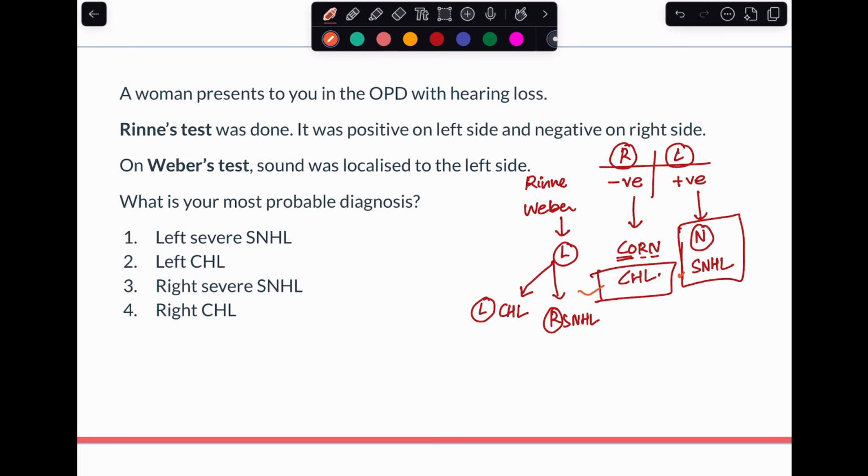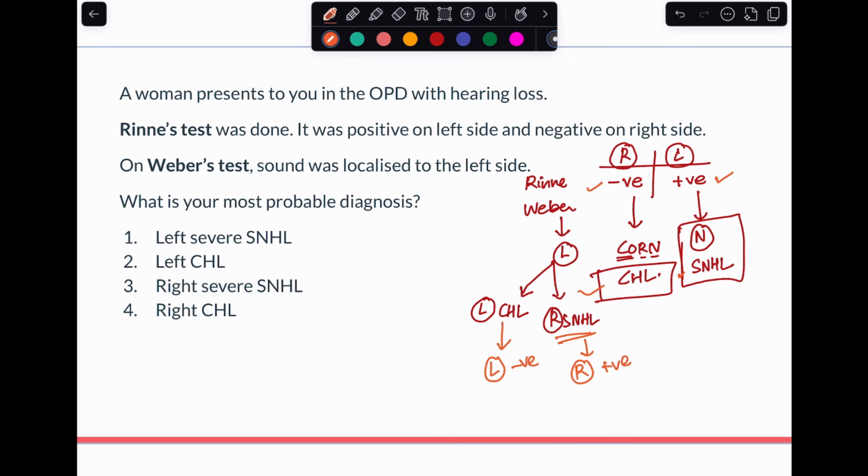Now we have to combine them, right? If Weber is seen to be left conductive hearing loss, what do you see in conductive hearing loss in Rinne's test? It should have been left negative Rinne, right? But we are seeing over here that the left side is positive Rinne. Now, considering the second possibility, if there is a right sensorineural hearing loss, when you perform Rinne on the right side, you should be getting a positive Rinne's test.